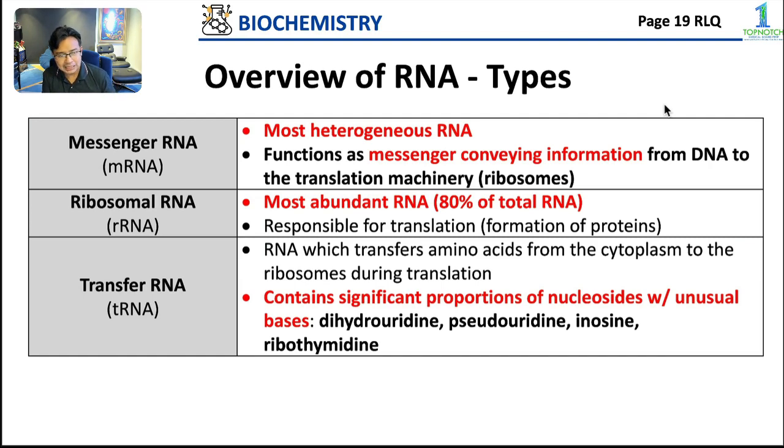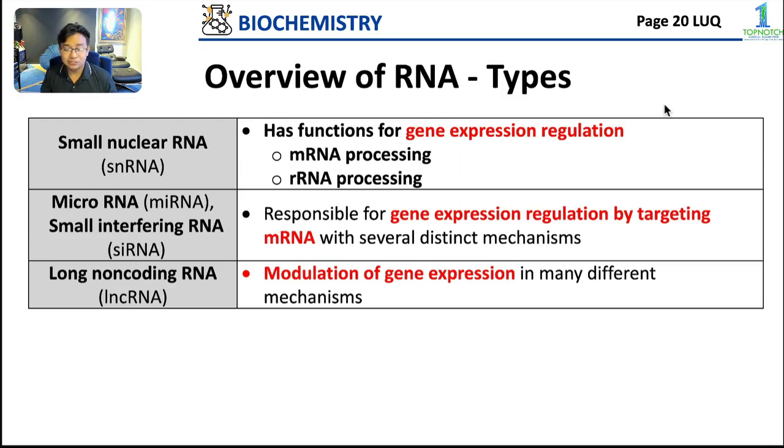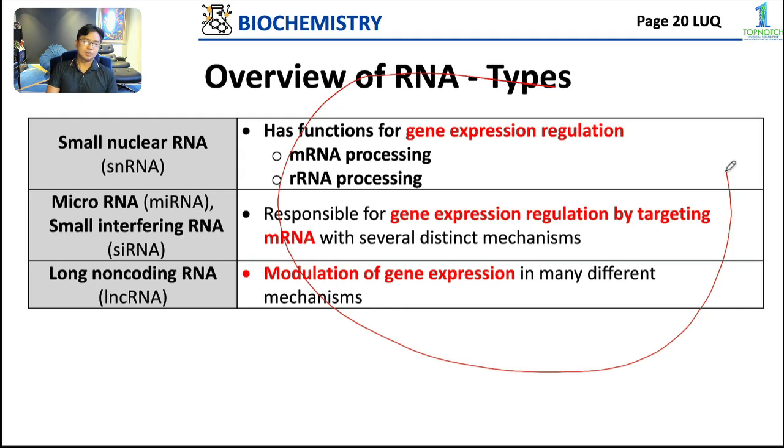And ang kakaiba sa kanila is that they contain significant amounts of unusual bases, mga pseudouridines, inosines, etc. While the rest are all involved in gene expression regulation. Your snRNA, miRNA, siRNA, and your lncRNA. And that's all about the structures of your macromolecules.